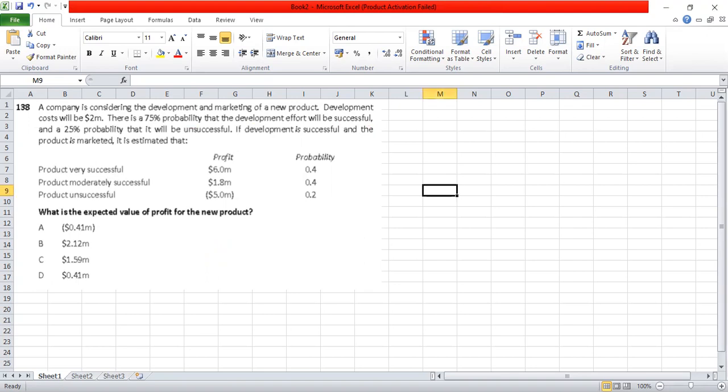First, let's draw the decision tree. I'll put it here.